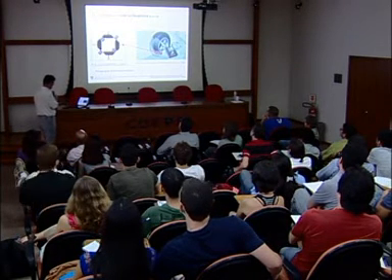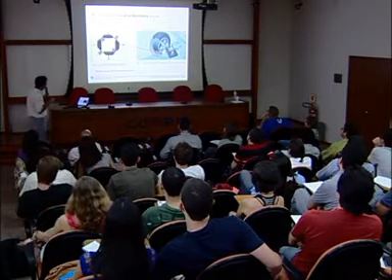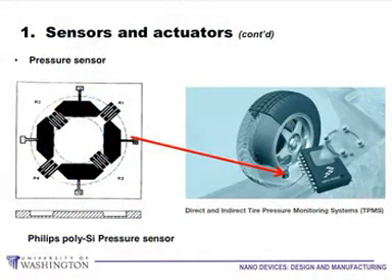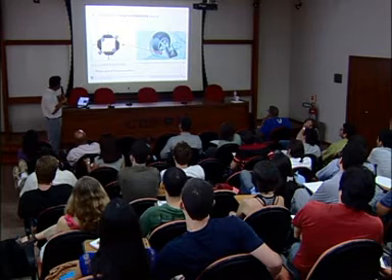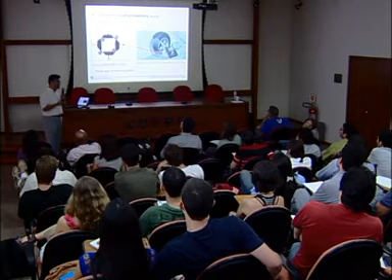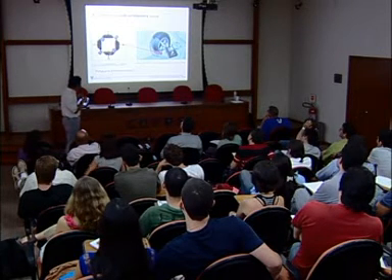And if you see the pressure sensor, then we can make a very thin membrane using a silicon layer. Then we can measure the resistance change, and when this membrane is inflated, we can detect it on the surface.